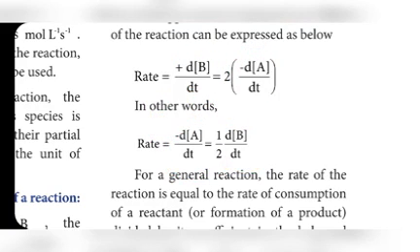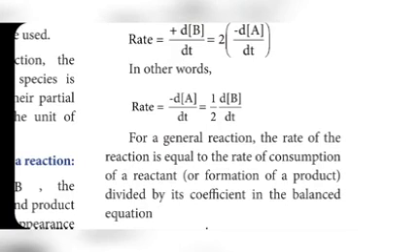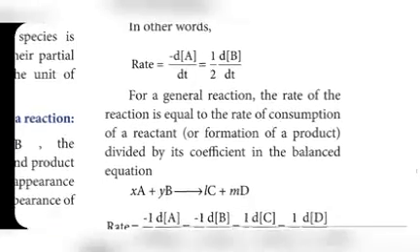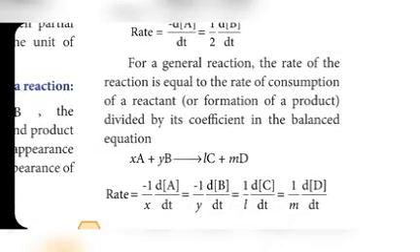So in other words, we can write that rate is equal to minus dA by dt is equal to 1 by 2 dB by dt. For general reaction, the rate of reaction is equal to rate of consumption of reactant divided by its coefficient in terms of equation.